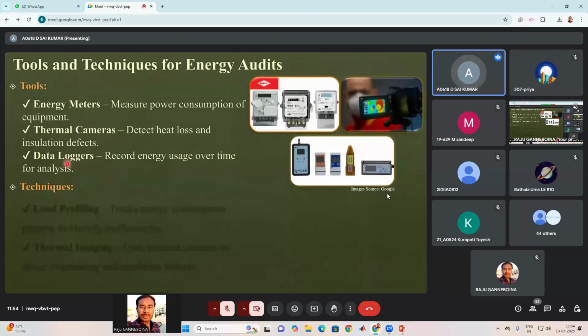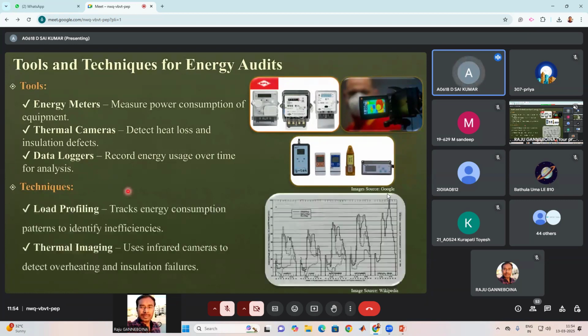Also in tools we have data loggers, which record energy usage over time for analysis. Next, the techniques: we track energy consumption patterns to identify inefficiencies. And coming to thermal imaging, we use infrared cameras to detect overheating and insulation failures.